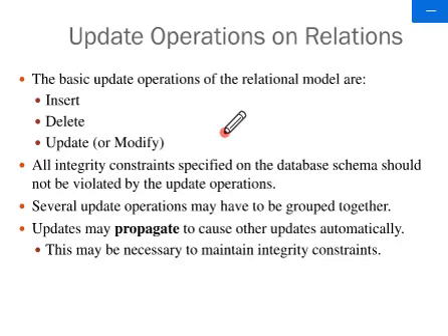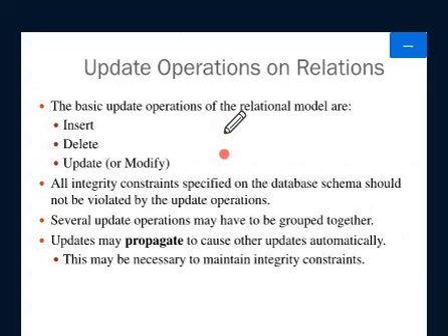Another type of operation is called the update operation. When I say update operation, don't misunderstand it with the update command. Update operations means three commands come under it: the insert command, delete command and update command. So the basic update operations of the relational model are insert, delete, update.